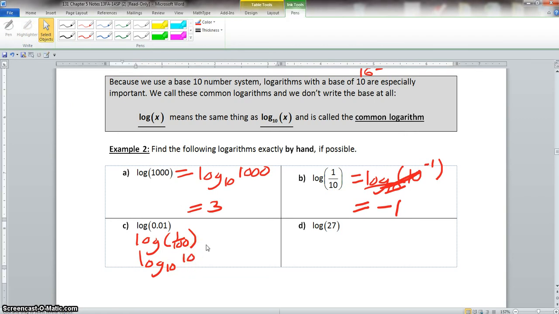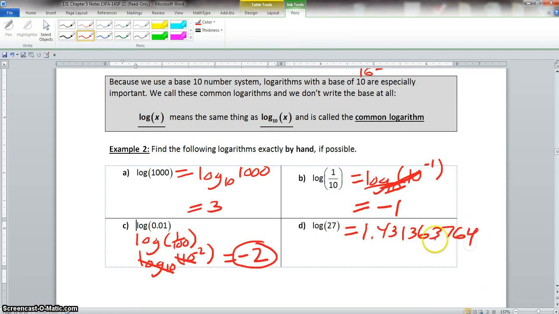Now, if you look here, the base and this number here are the same. So our final answer would be what's left, which is -2. Now we have log of 27. You could put this in your calculator, and it would actually give us 1.431363764, and so on.